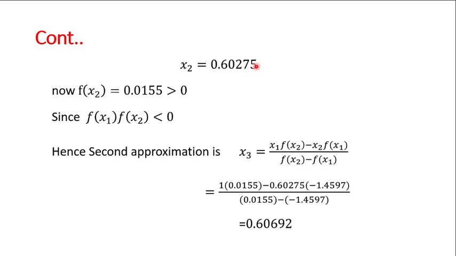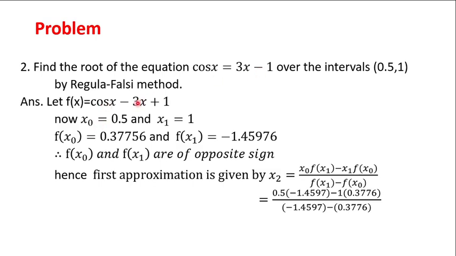Now find out f of x2. We know the f of x value. What is the f of x value? Cos x minus 3x plus 1. Therefore, press cos answer, then close the bracket, minus 3, again press answer, plus 1, press equals.